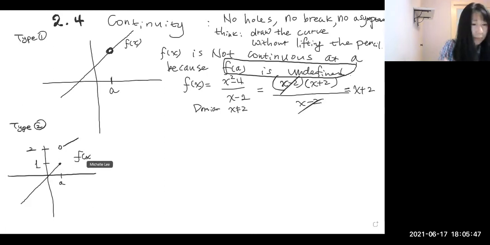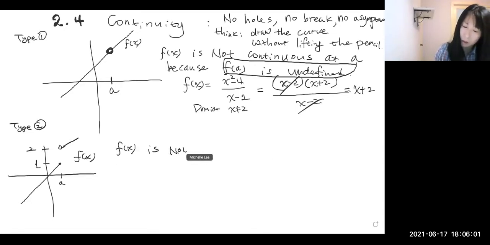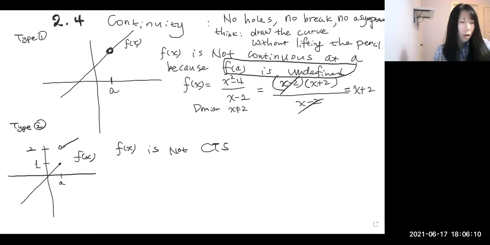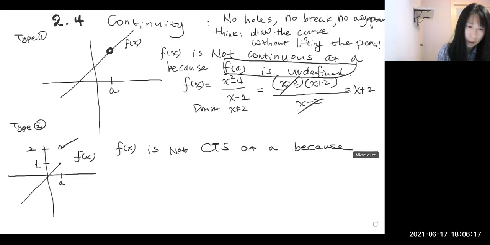This is f of x. So this kind of form is also not continuous at a, because the limit does not exist, right?